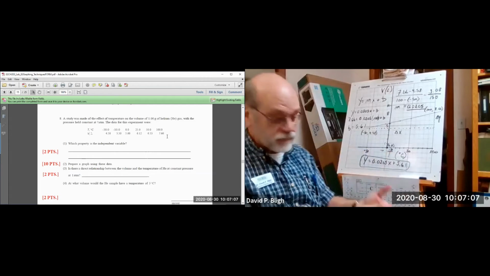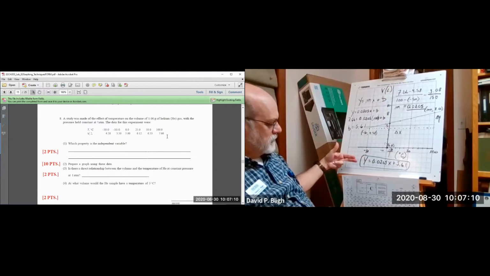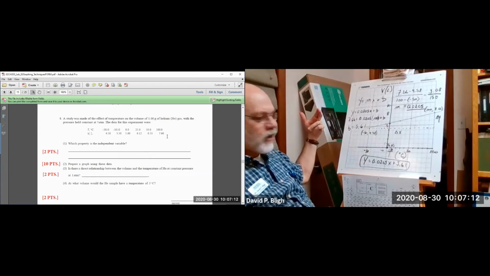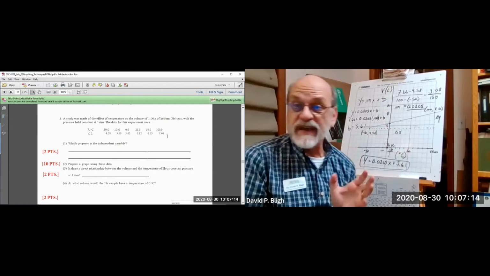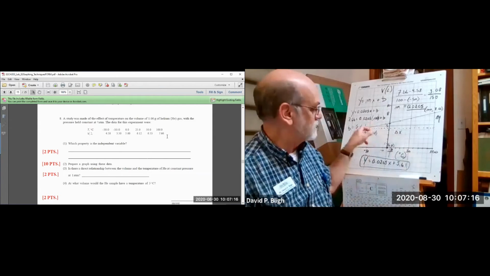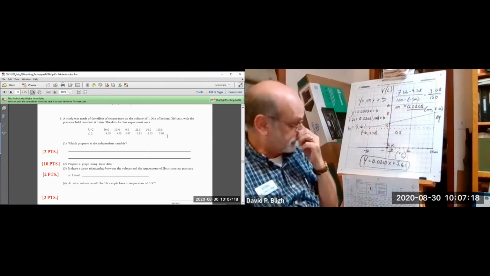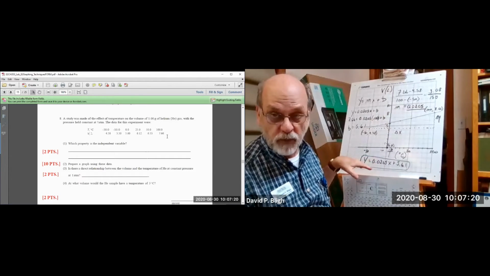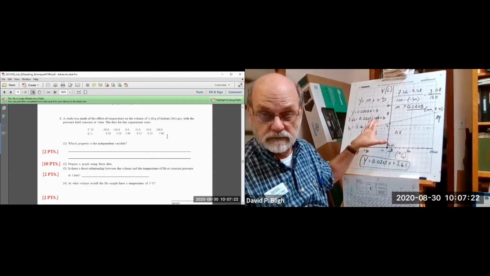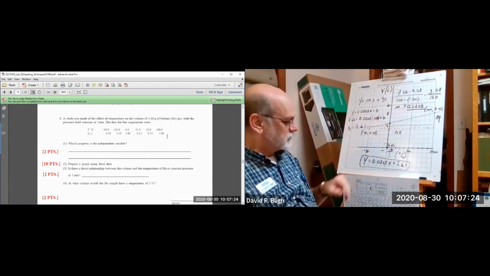Right, now we have a formula for what we consider to be the best fit line for that set of points. And that would also be reported with the graph when you published it.